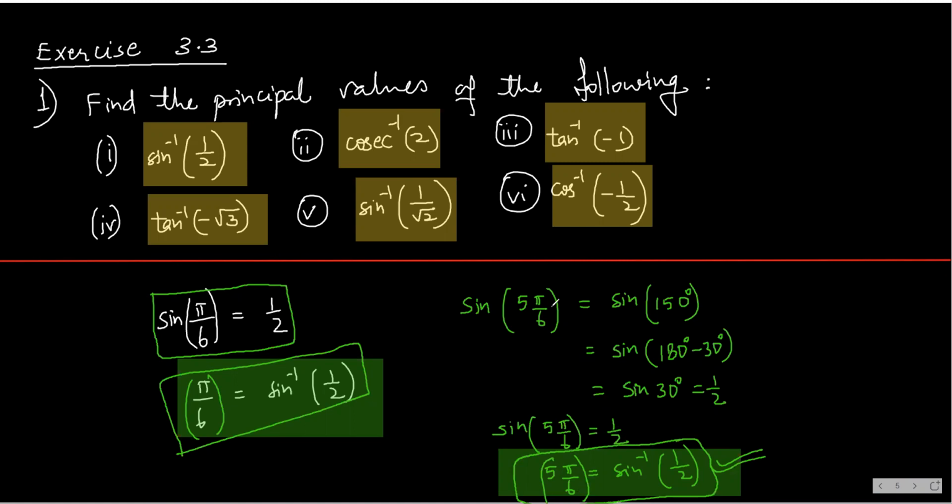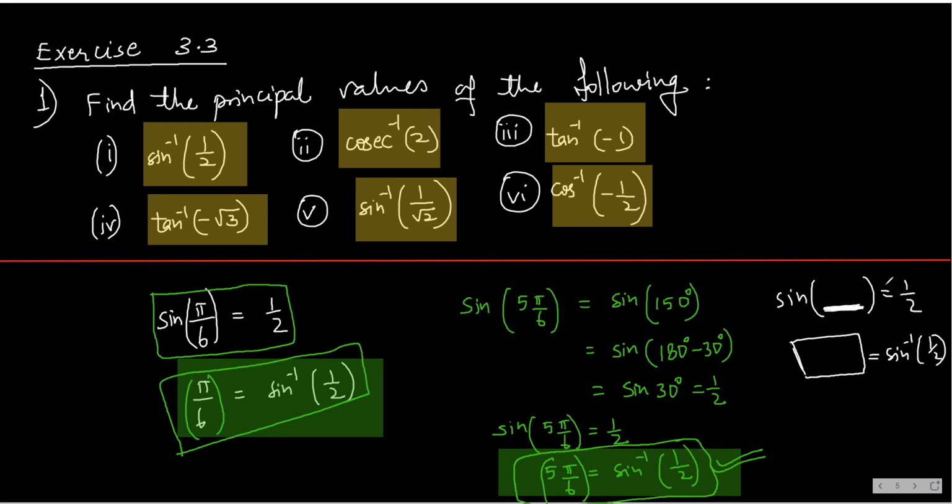Remember, as you got sine 5 pi by 6 as 1 by 2, there are infinitely many angles for which the sine value will be 1 by 2. So sine inverse of 1 by 2 will also have infinite values.